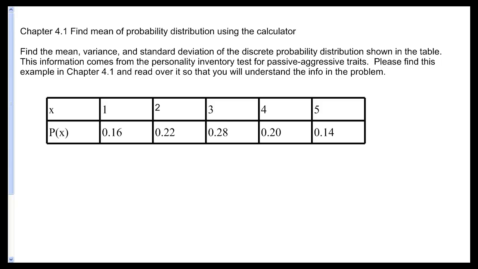There were 24 people who were extremely passive, and when you divide 24 by the 150 employees, you get 0.16. For the number 2, there were 33 people, and you divide that by the 150 employees they tested, and you get 0.22. That's how the numbers came about, and you can go back and look at that problem, because I don't really need to do it to show you this.